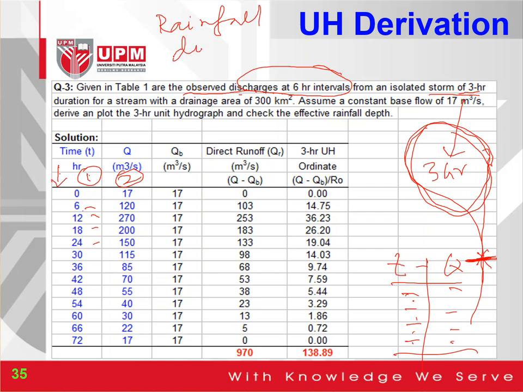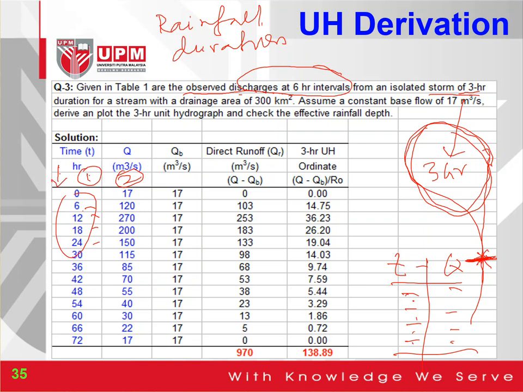This rainfall duration and this time are not the same. Rainfall duration is fixed, it is 3 hours. But observed Q at the river side can be at any time, as I mentioned before.